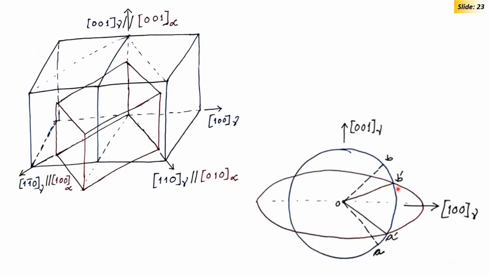So, now I have to maintain one line undistorted and unrotated. What I have to do? If I tilt now this red oval or rugby ball, and then if I make OA dashed superimposed on OA, then I have the OA line invariant, right.